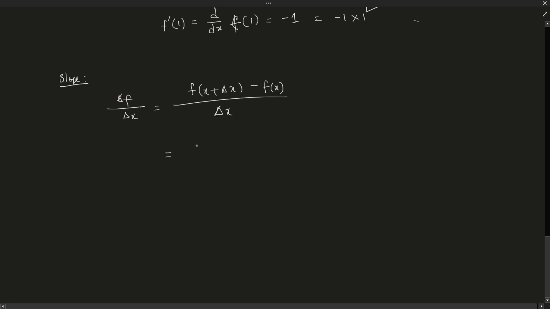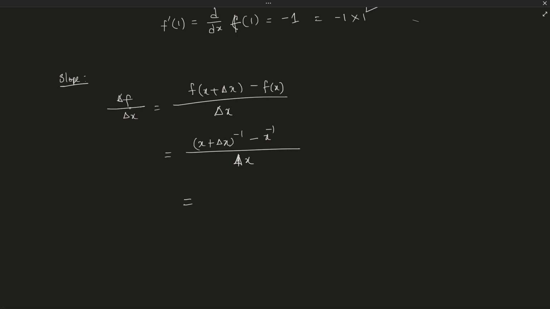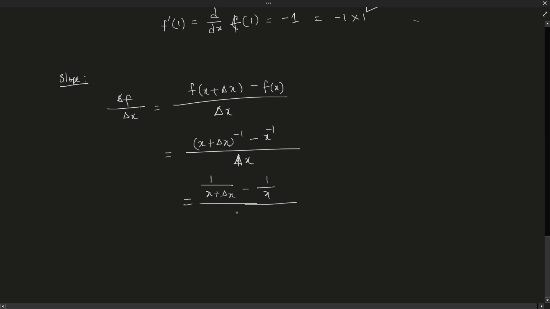So it is (x plus del x) inverse minus x inverse by del x, so it will be 1 by x plus del x minus 1 by x, by del x.